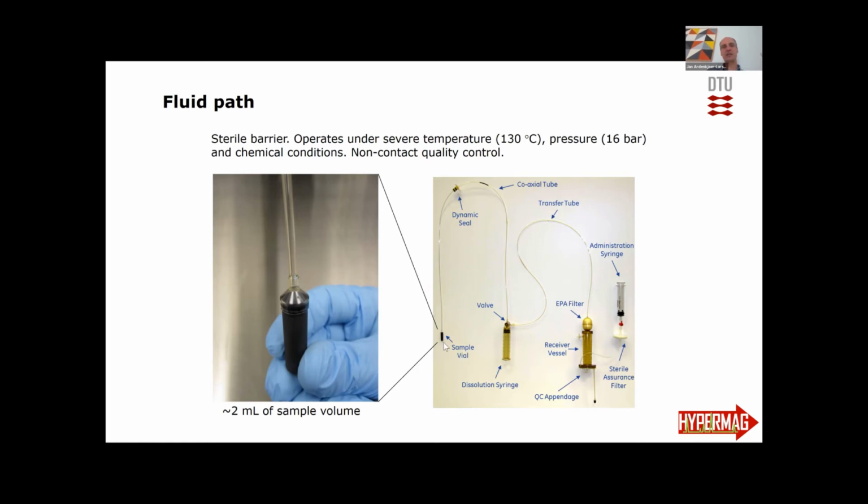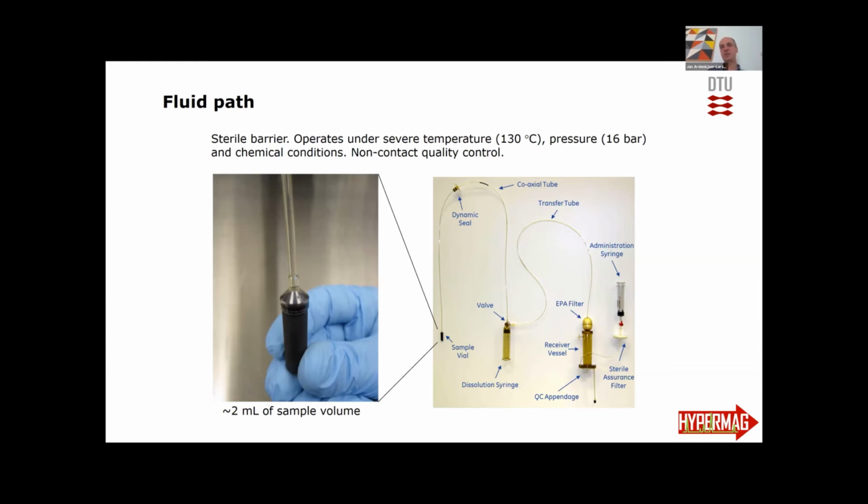So you see here a sample vial, which you can see on the left photo contains about 1 to 2 grams of the contrast agent that can slide into the cold region, into the polarizer, through this dynamic seal that you see on the right photo. And then we have a dissolution syringe which contains the solvent that dissolves the imaging agent at the end of the polarization process. It then goes through some tubing further to a receiver, and before that, what is called here on the photo the EPA filter is the filter that removes the radical, the electron spin, because now it has served its purpose.